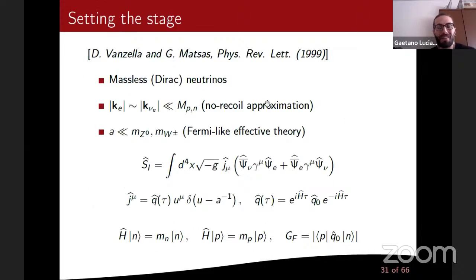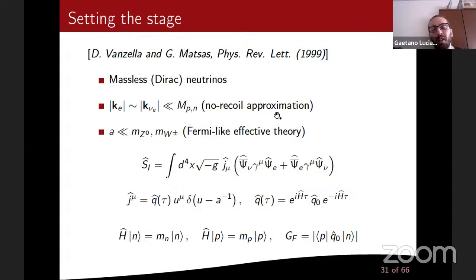A systematic approach to the study of the inverse beta decay was made by Vanzella and Matsas in their seminal work of 1999. There are some approximations, but in principle they are reasonable. They used massless neutrinos, so no mixing, because if there is no mass, of course, there is no mixing.